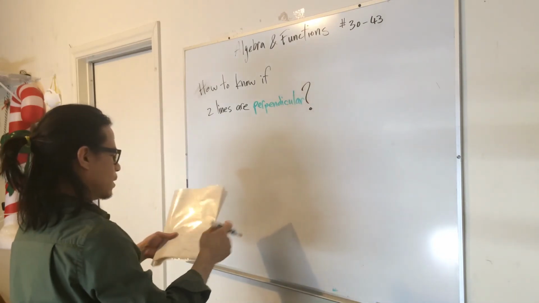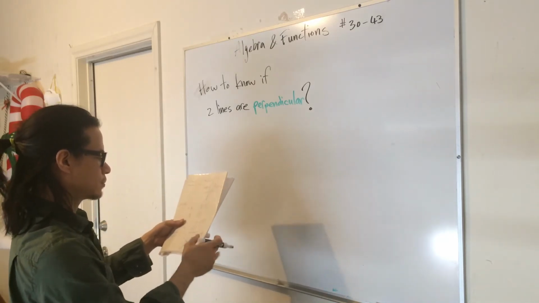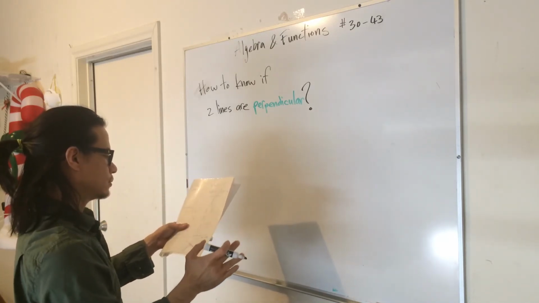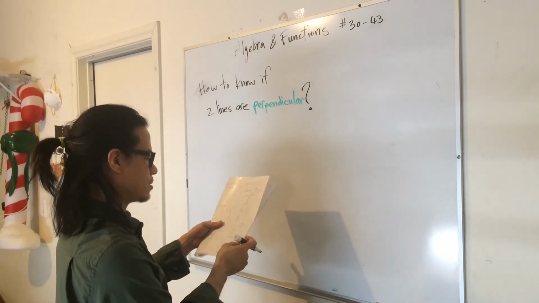You will know if they're perpendicular when they're negative reciprocal of one another. Their slope, that is.